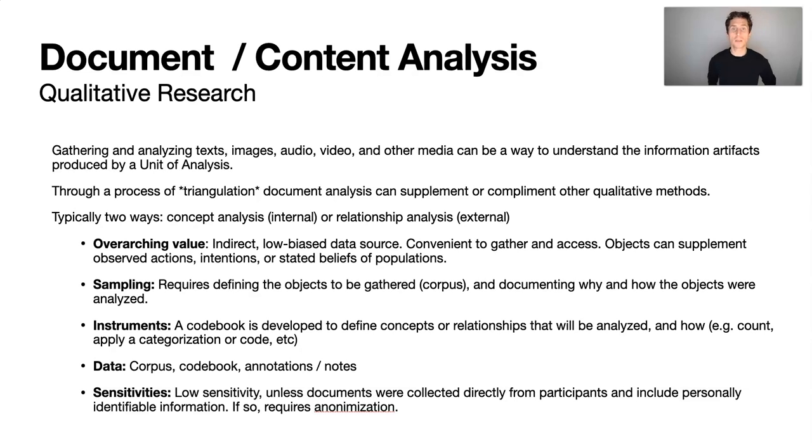Typically, there's two ways in which document or content analysis is carried out. One is to focus on concepts which are internal to any one particular document or media with content. So concepts that we might pull out are, for example, if I were to look at every presidential web page, I might be analyzing it to look at the way that they talk about asylum or the way that they talk about immigration.